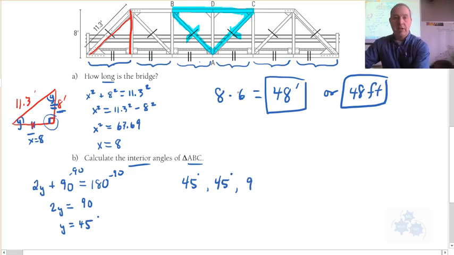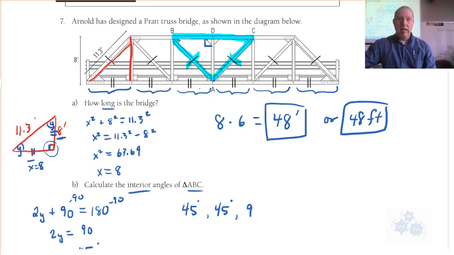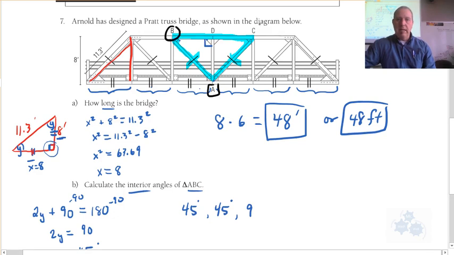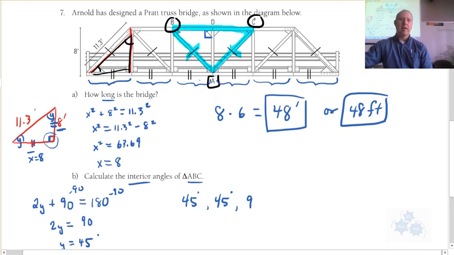Now ABC, let me just see here. Okay. So yeah, this is a 90. Excuse me. It's actually talking about ABC here. So what we've done is we've calculated this. That's not quite the same, so we've got to read that carefully. That's my bad. But we can figure this out pretty easily. This is a 90, this is 45, and this is 45.